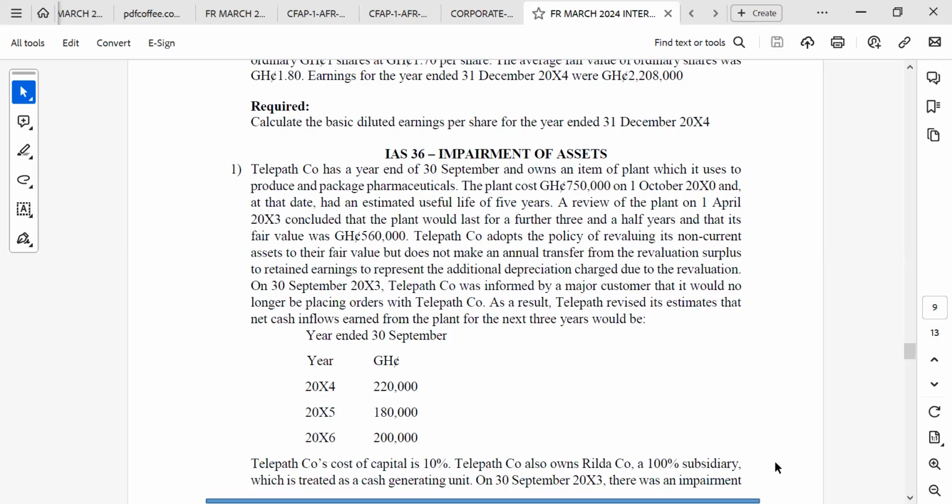Okay, but they are saying that the asset will now last for what? A further 3.5 years. It means that the useful life of the asset has increased by an additional 1 year.